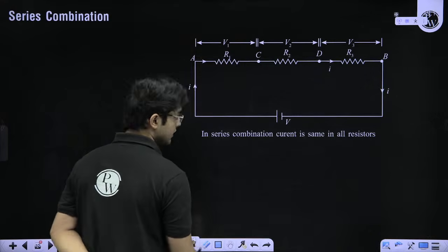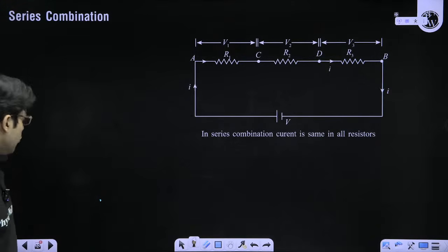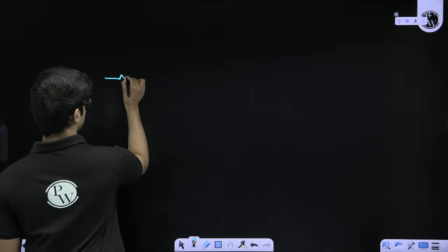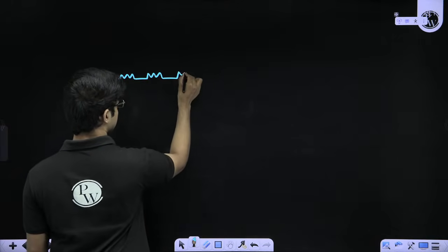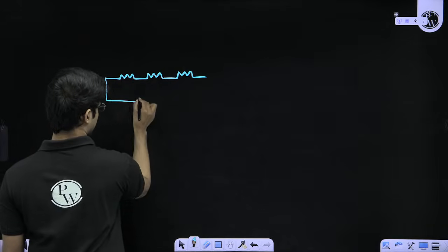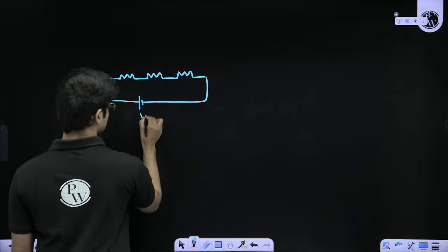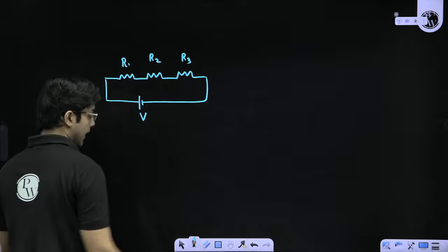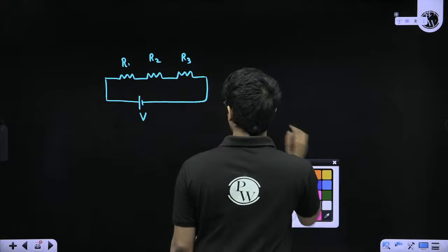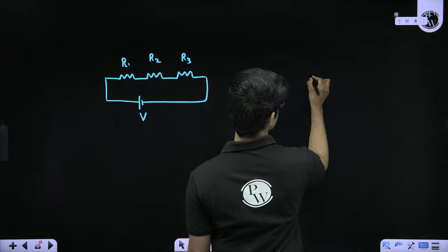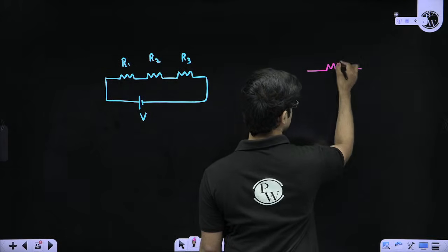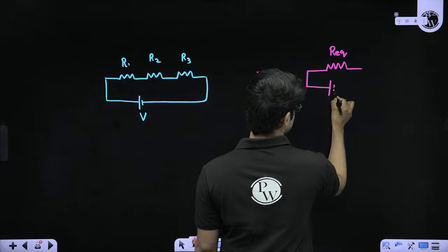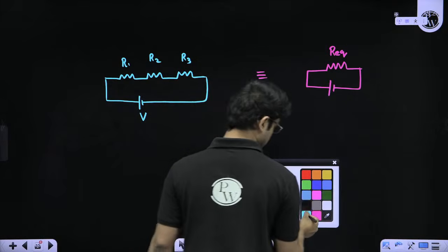Today we won't be able to reach KVL. So how do we do this? First of all, what does an equivalent resistance mean? In the example, we had 3 such resistors connected to a battery. An equivalent resistance means we want to replace the set of 3 resistors with a single resistor, such that the current drawn from the battery is the same.